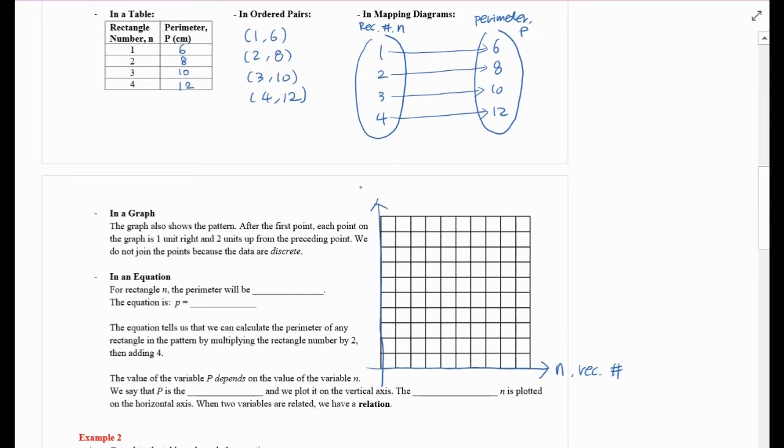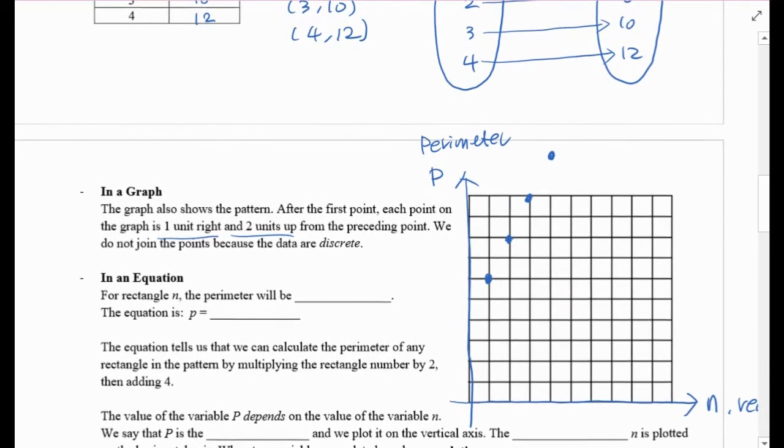And the P-axis, perimeter. Then (1, 6), and 1 unit right, 2 units up. 1 unit right, 2 units up. (2, 8), 1 unit right, 2 units up. Like this.